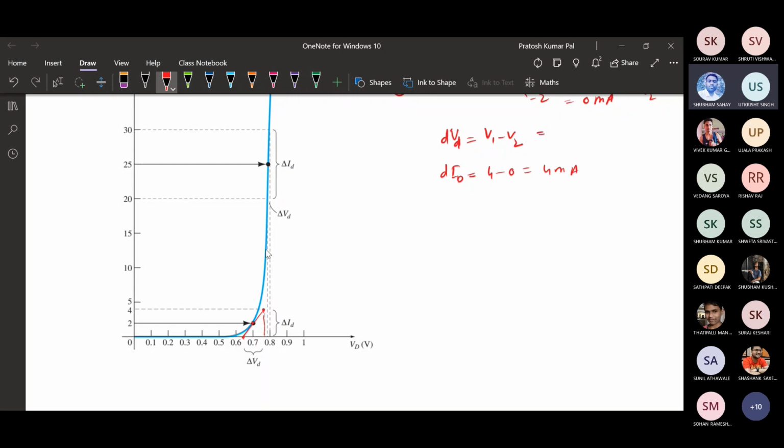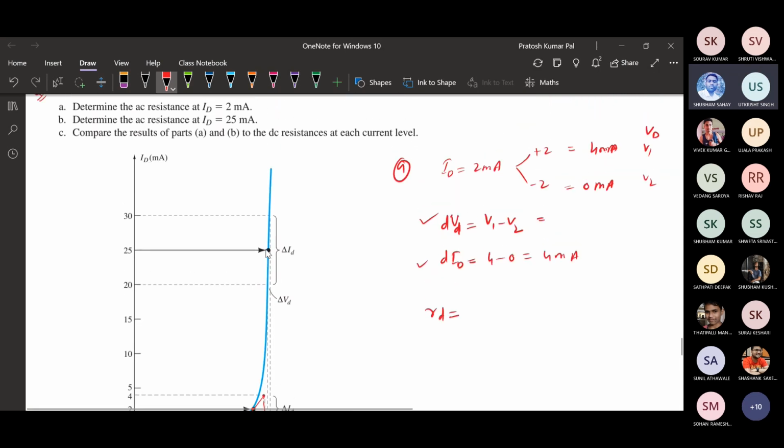Once we have dId and dVd, we can get the RD. So this is how we will be finding out the AC resistance.